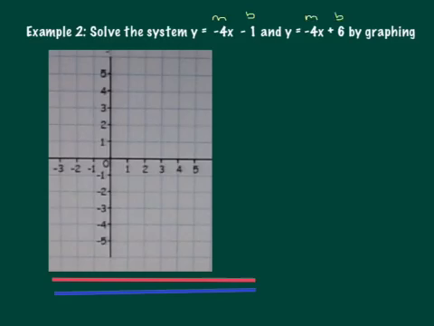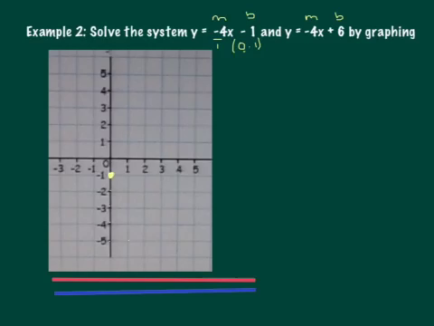So if we graph this first one, we're going to graph that ordered pair 0, -1. So I'm going to go over here to 0, -1 and put a dot. And then the slope is -4/1. So I'm going to go down 4, 1, 2, 3, 4, and over 1.